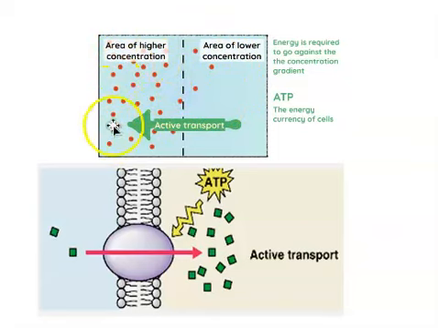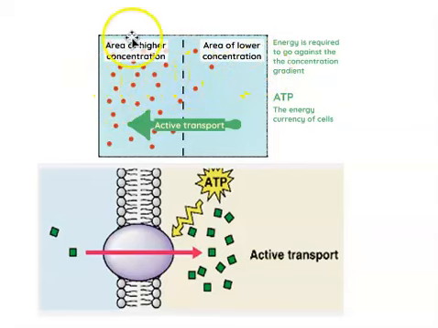There's more red circles on this side, there's fewer red circles on this side, and there's a black membrane in between. So if we expected simple diffusion or facilitated diffusion to occur, we would predict that the red circles would travel this way.